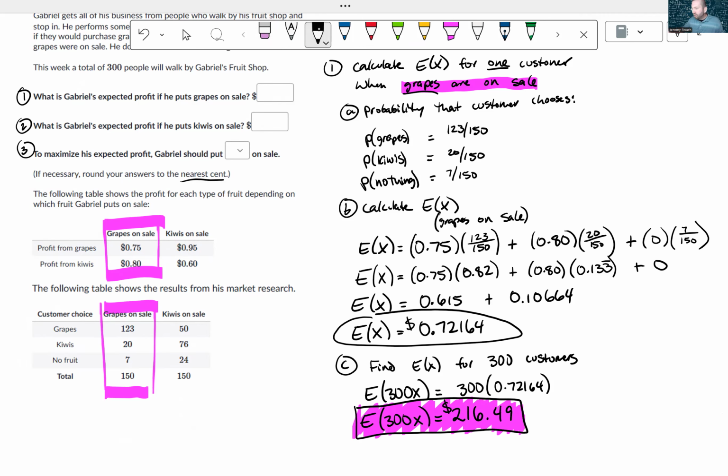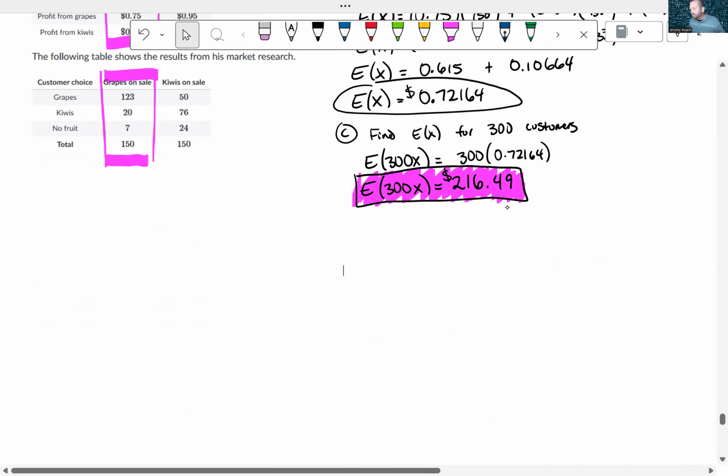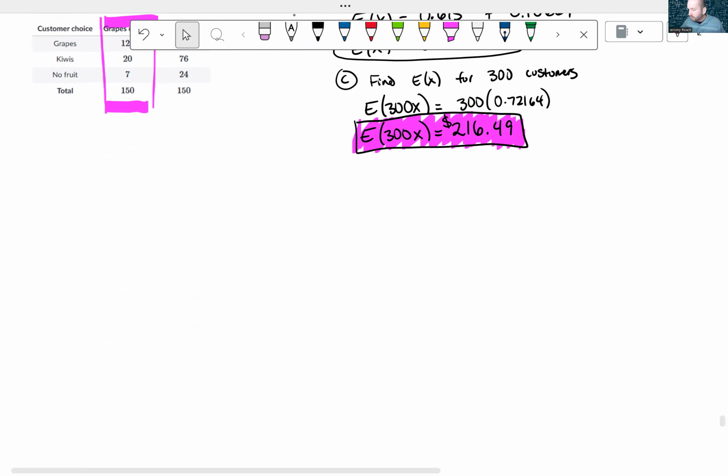Okay, so now we're going to do the same thing, but for kiwis. Our first step is to find the expected value for one customer when kiwis are on sale. So this is part 2.